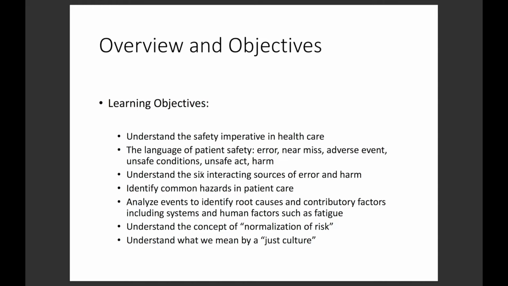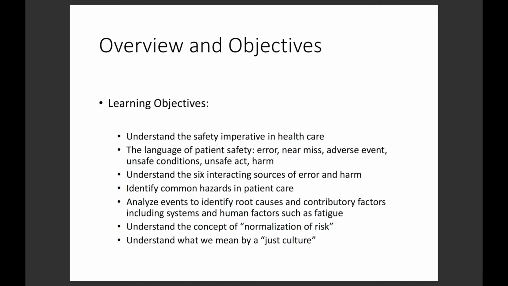3, understand the 6 interacting sources of error and harm, that there's a structured approach to actually analyzing when things go wrong. Identify the common hazards in patient care, and then get into the analysis of events to identify root causes and contributory factors.